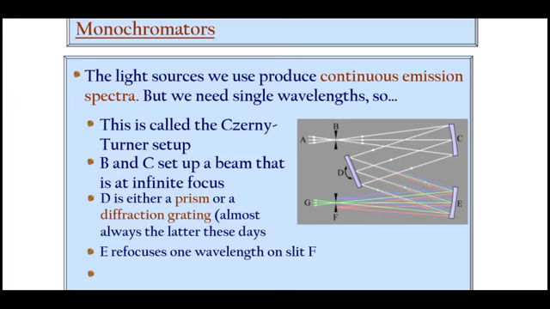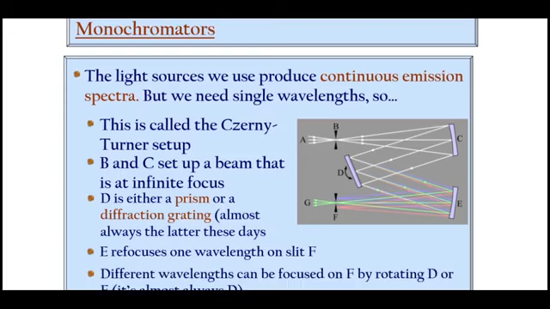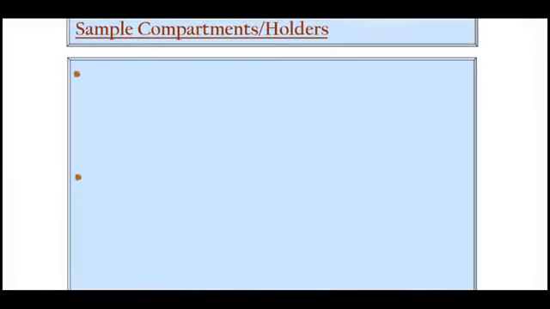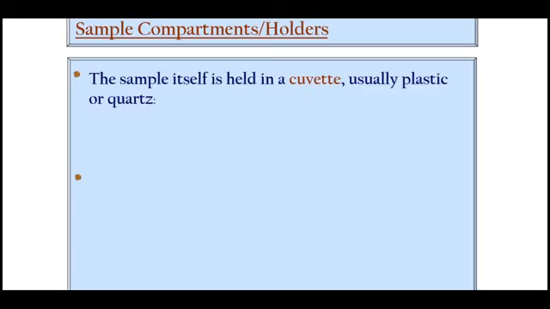The D is either a prism or a diffraction grating, almost always the latter these days. The E refocuses one wavelength on slit F. Different wavelengths can be focused on F by rotating D or E, and most of the time we rotate D.